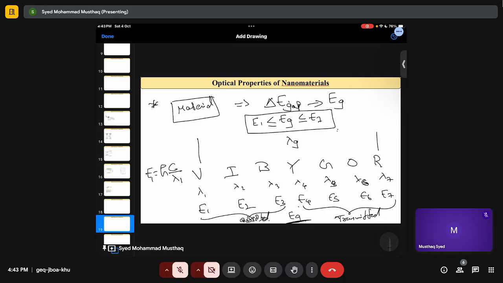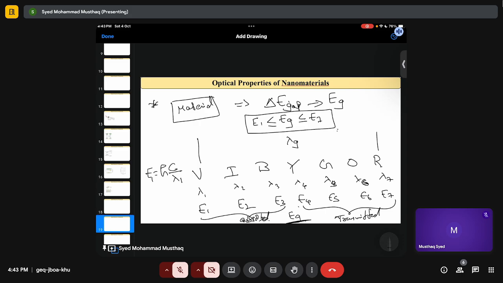Now, this photon that has been emitted has a different wavelength than the energy that it absorbed. Whatever has been absorbed is emitted as a photon, and that is the characteristic of your color.